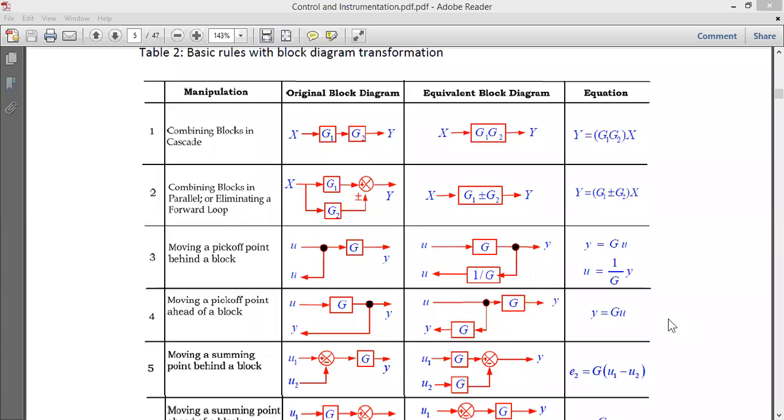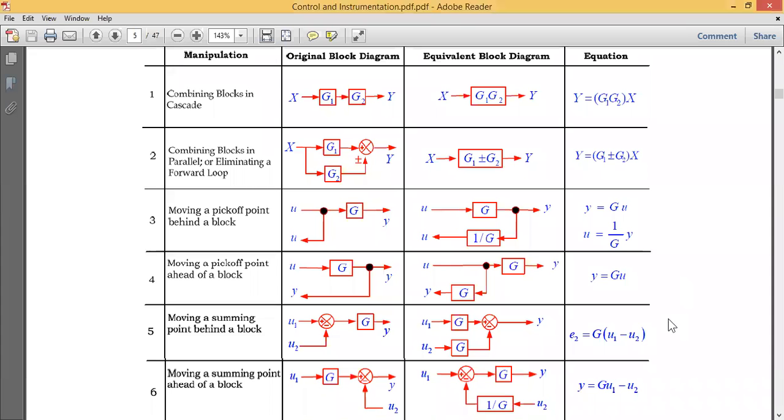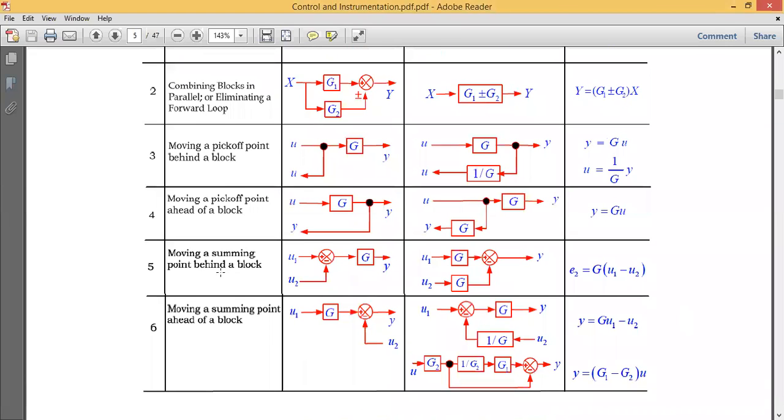So this is how we move our takeoff point before the block by adding a block called G. Okay, so let us go for the next rule, that is summation, or simply the summing point.